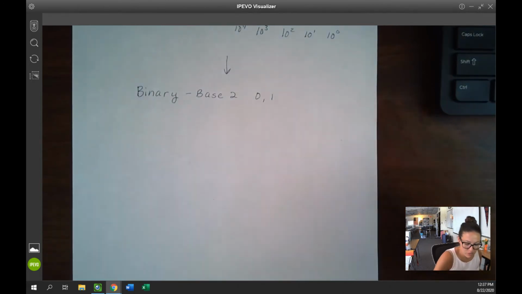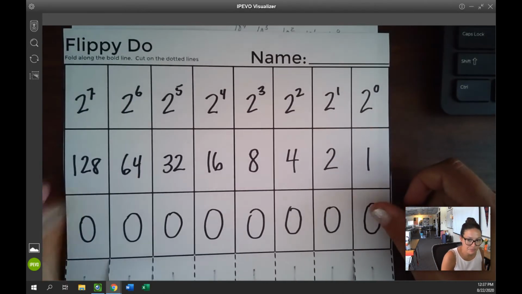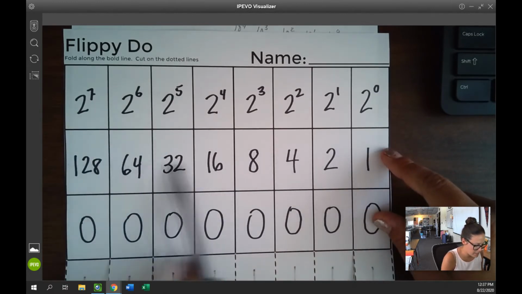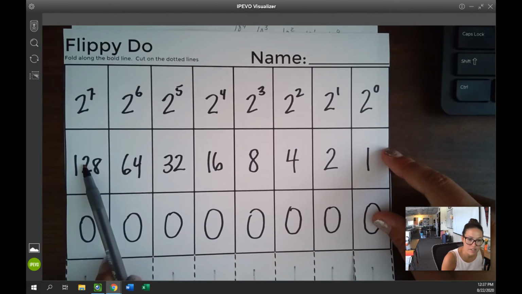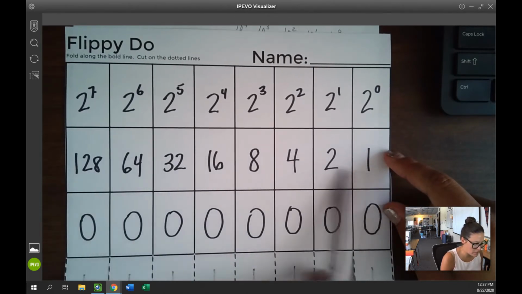This is where our Flippy-Do comes in, and you can see that we already have our powers of 2 here. This right here tells us what we're actually counting up.